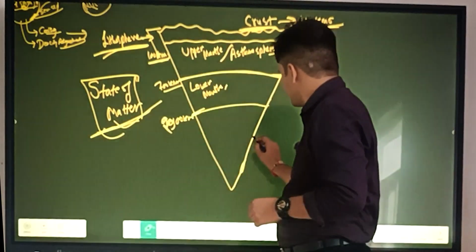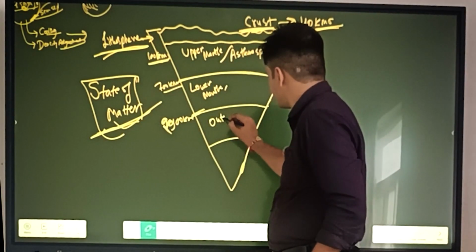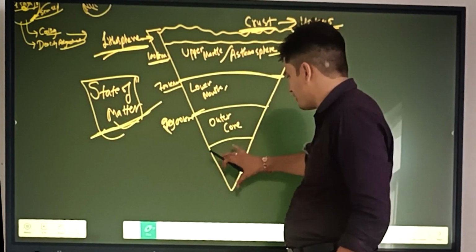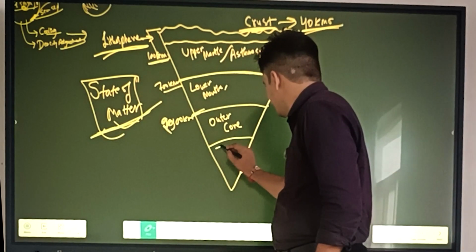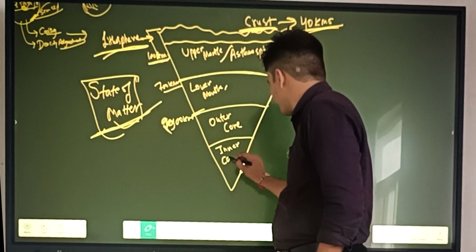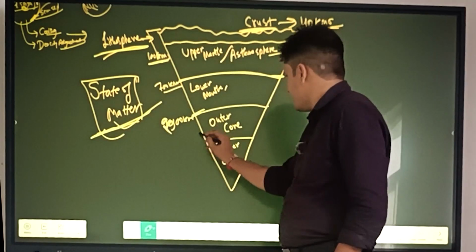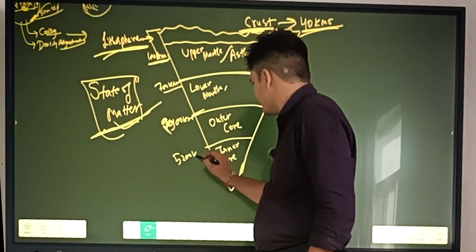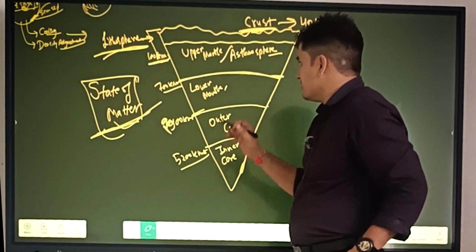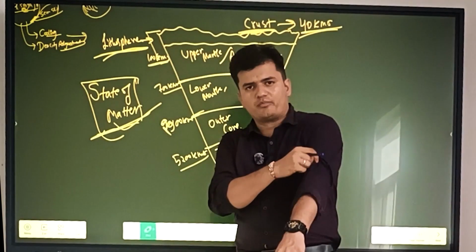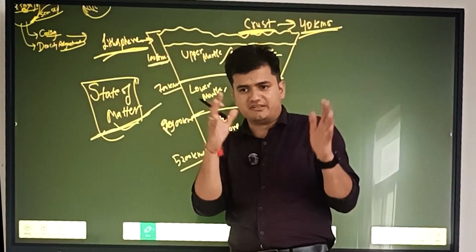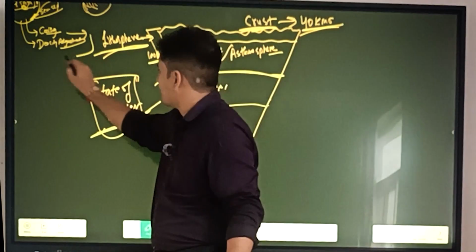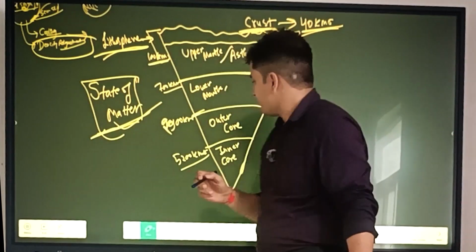The first part is the outer core, and the second part is the innermost, the center of the earth, the inner core. The boundary between the outer core and the inner core is at 5200 kilometers. So this is how the different layers formed inside the earth in these 4.5 billion years, and this is the result of density adjustments.